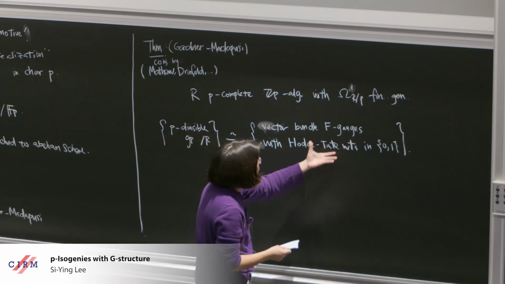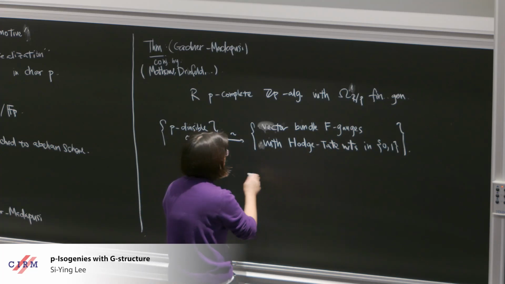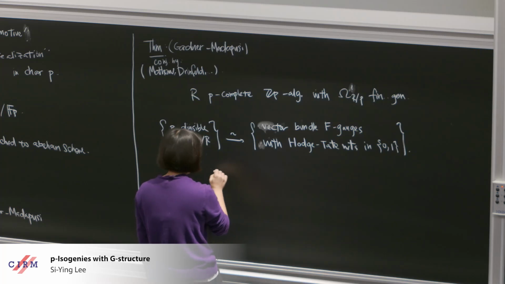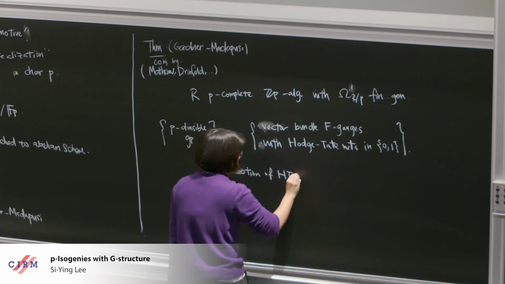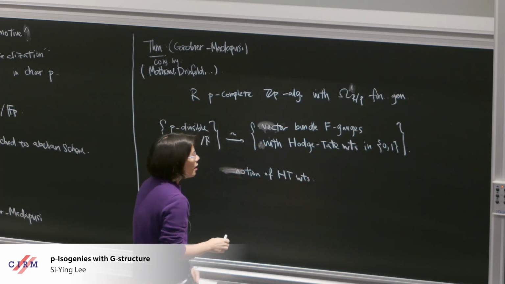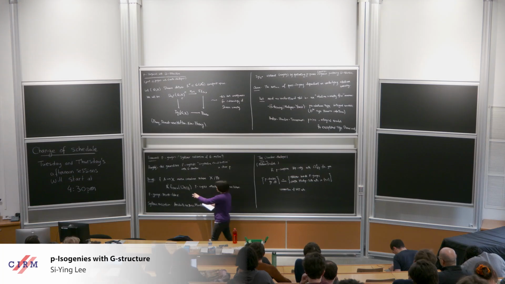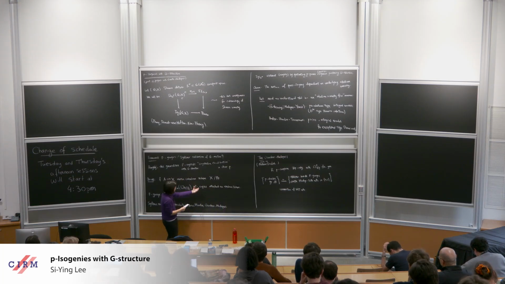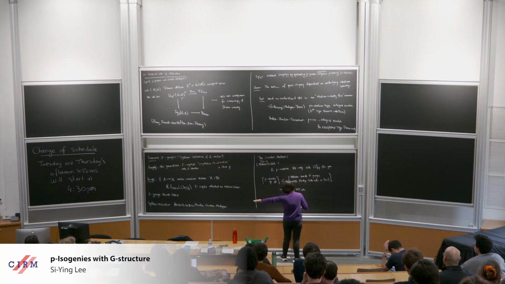1. To an F-gauge, you can associate the notion of a Hodge-Tate weight because the idea is that this F-gauge is some kind of cohomology. In the case of, for instance, an F-crystal, it should recover the de Rham cohomology or the Hodge cohomology of the abelian scheme.